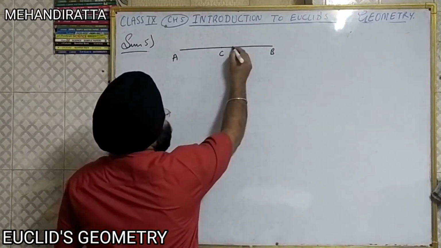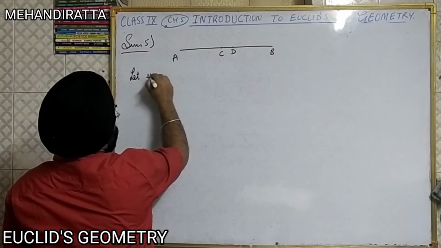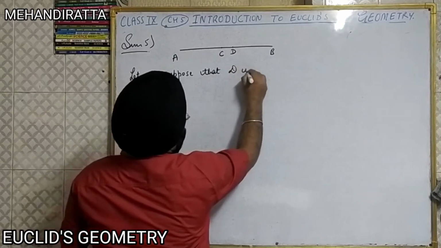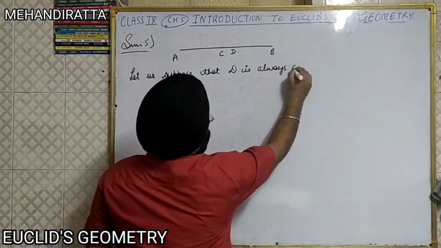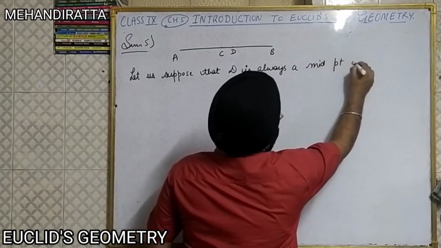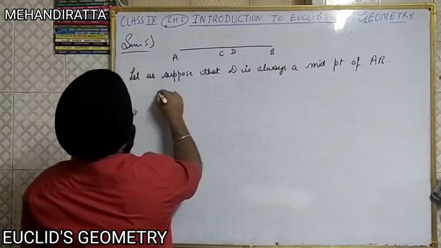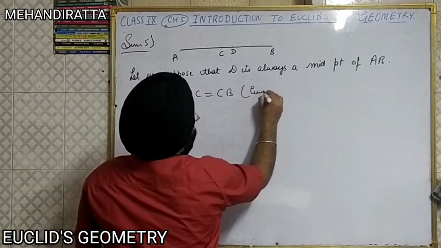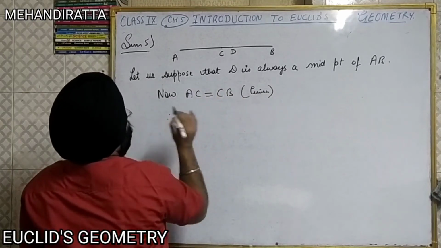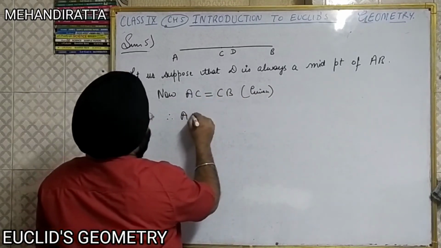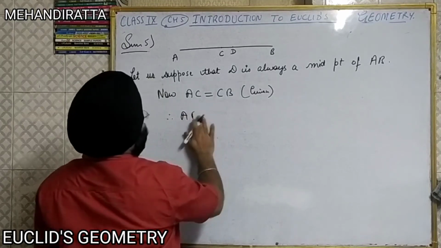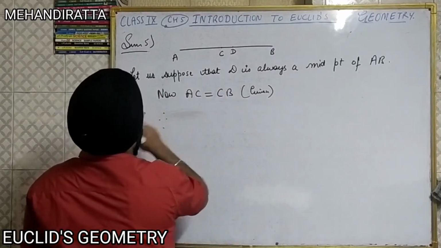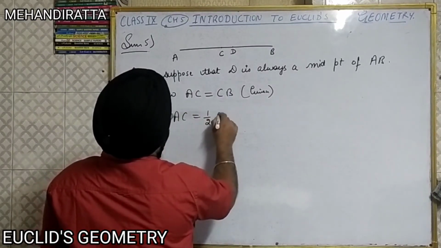Let us suppose that D is also a midpoint of AB. Now AC equals CB, given. This means AC is half of AB.